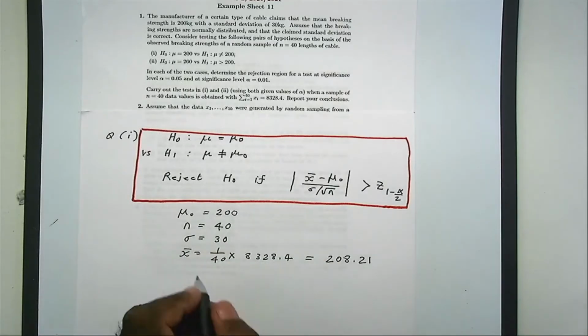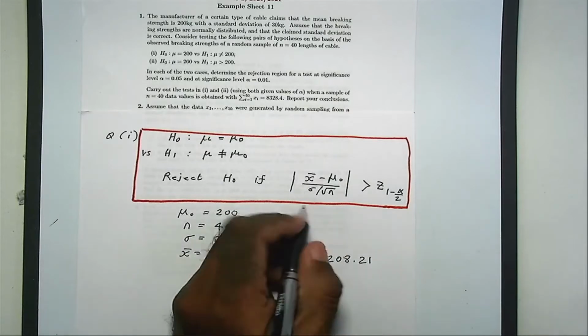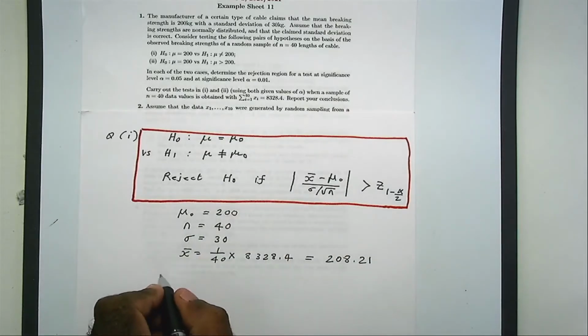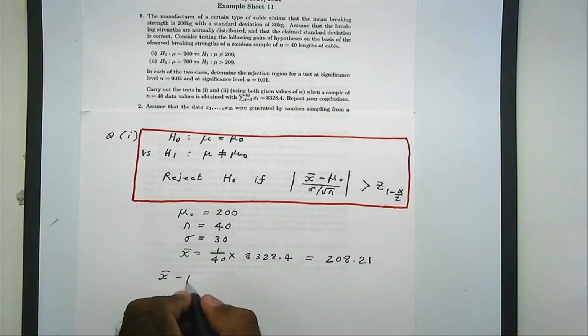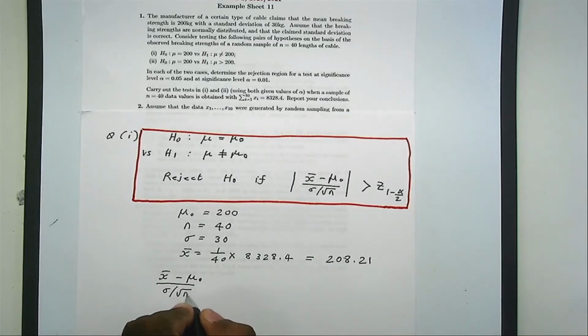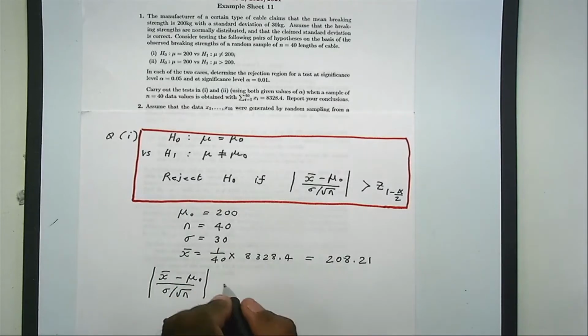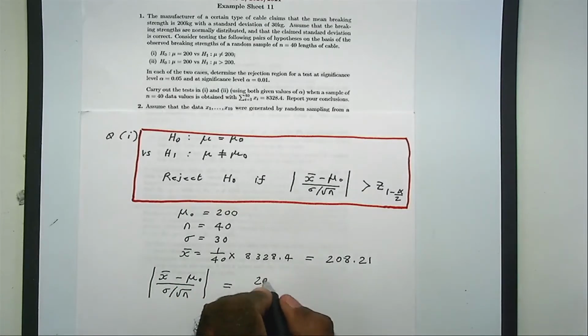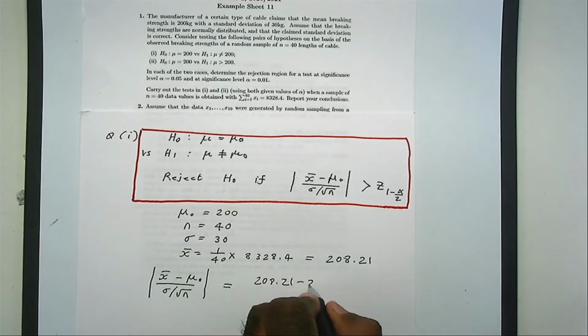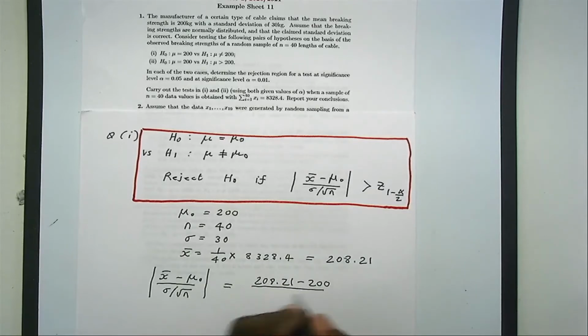Before doing that, let's compute this statistic: x bar minus mu0 divided by sigma over root n. This is going to be 208.21 minus 200 divided by, sigma is 30, sorry guys, sigma is 30, divided by root of 40.